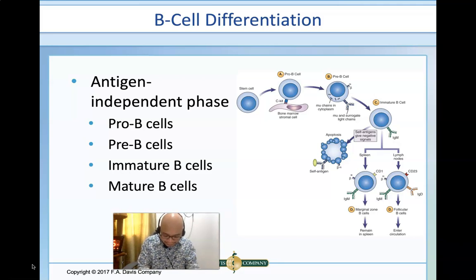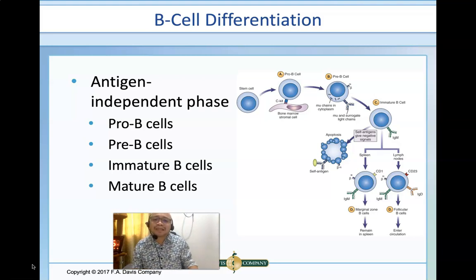These are the E2A, the EBF or the early B cell factor, interferon regulatory factor 8 or IRF8, and the paired-box protein PAX5. In addition, interleukin-7 is also important for this development stage.